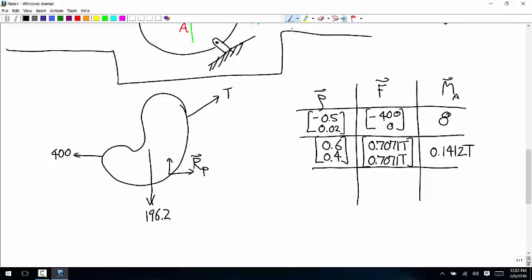And then the weight force is acting at the origin. So the row vector is 0, 0, negative 19.62. No moment. And the last one is RP. That RP, the pin, is at 0.05, negative 0.2.